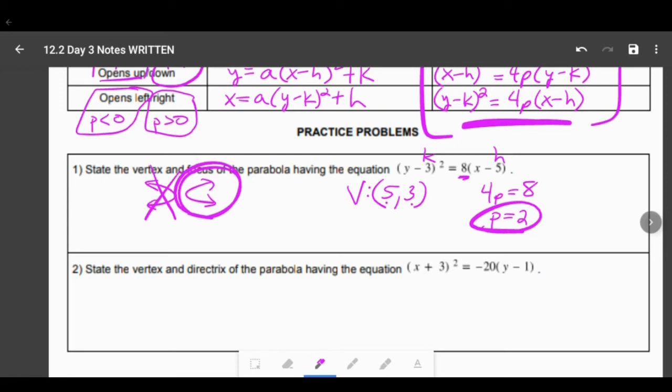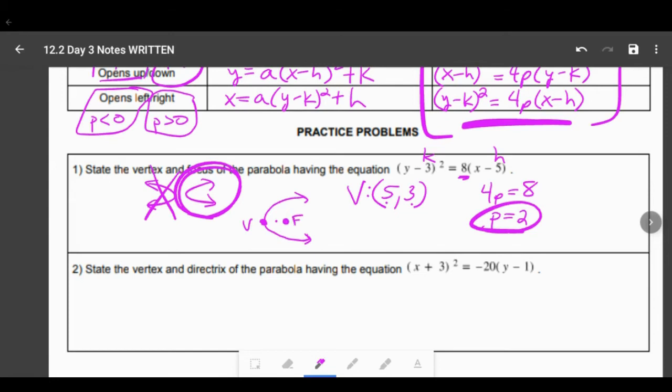So when I want to figure out my focus, if I draw a little bit nicer one here, this is your vertex. To get to the focus, it's always inside. So all I'm going to do is take 2 steps inside the parabola when I want to find the focus.